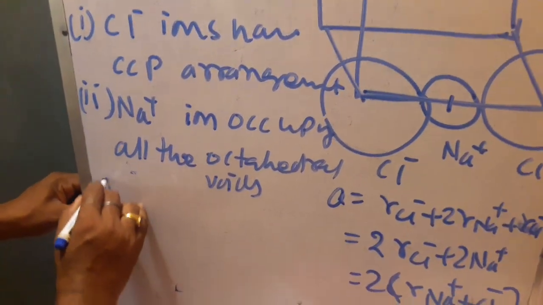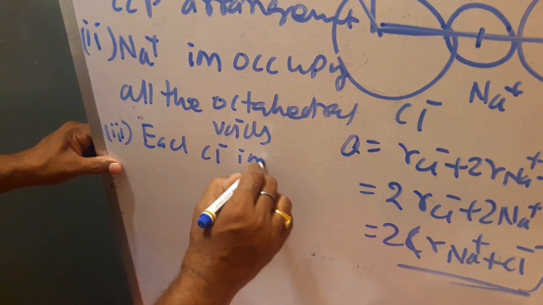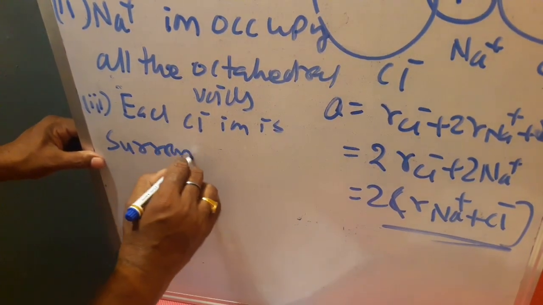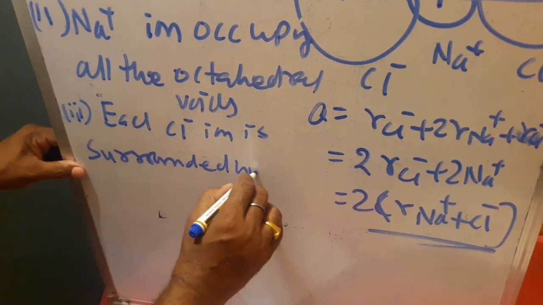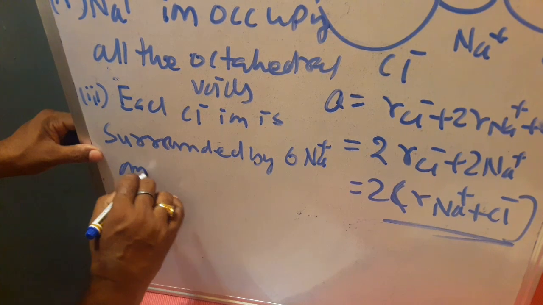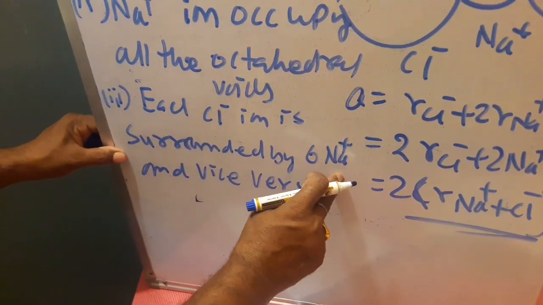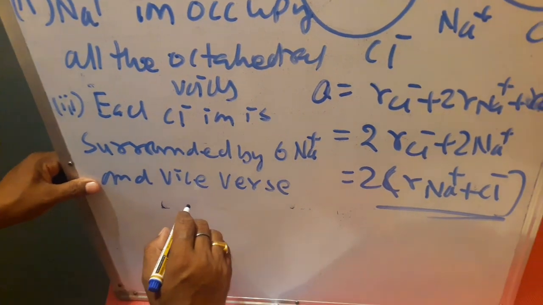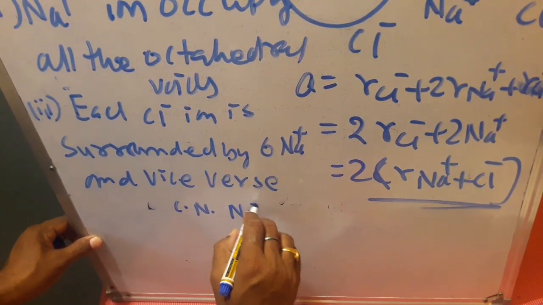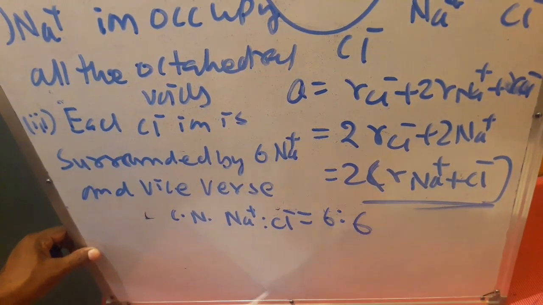Each Cl minus ion is surrounded by 6 Na plus ions and vice versa. That means each Na plus ion is surrounded by 6 Cl minus ions. So the coordination number of Na plus and Cl minus is 6:6.